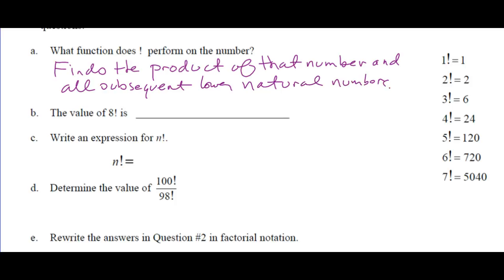Because it's got to end at 1, right? So we did math. It was 4 times 3 times 2 times 1. We did factor. It was 6 times 5 times 4 times 3 times 2 times 1.